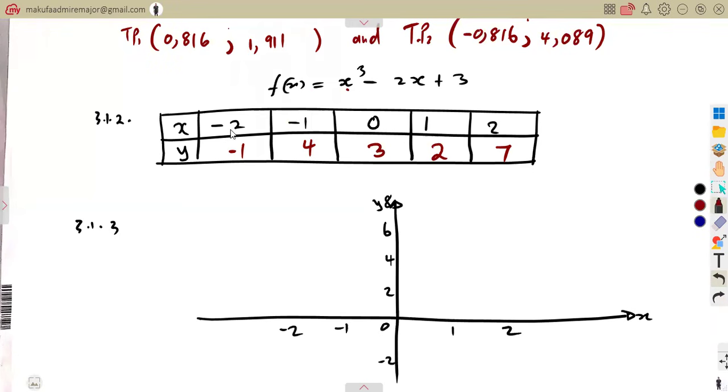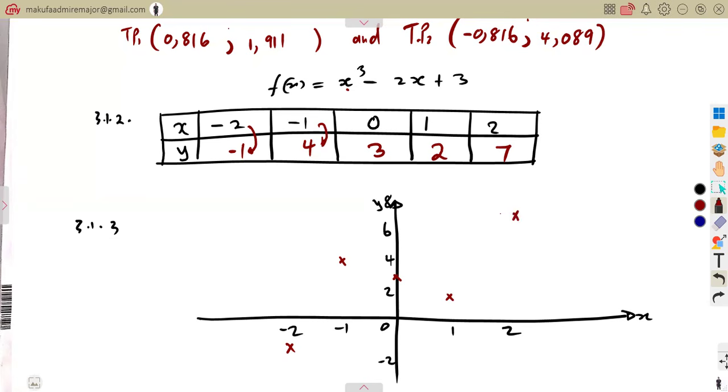Okay, so -2 versus -1, somewhere there. -1 versus 4, somewhere there. 0 versus 3, somewhere here. 1 versus 2, somewhere here. 2 versus 7, somewhere there.